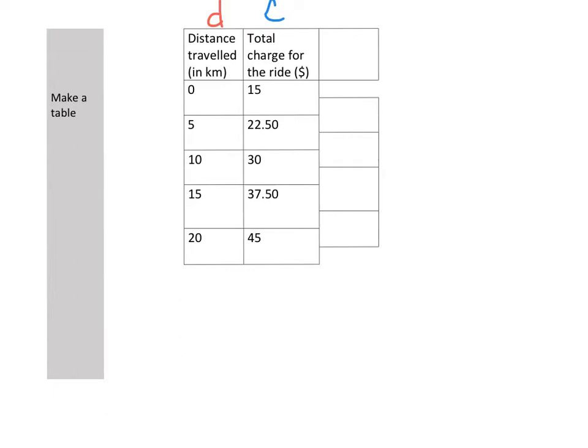The cost is going to depend on the distance traveled. So I can use my equation that I just saw, cost equals $1.50 times D plus $15, to help me fill in the table. I change the distance to whatever the distance is in the first column, multiply it by $1.50, and then add 15.